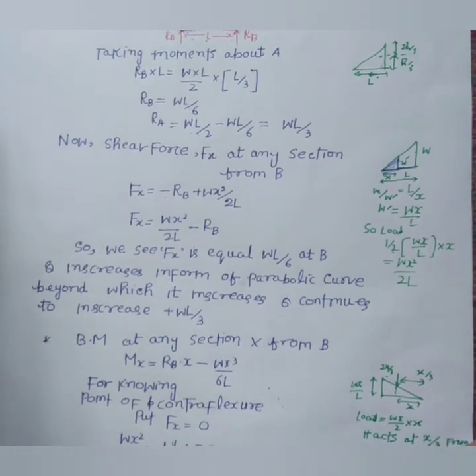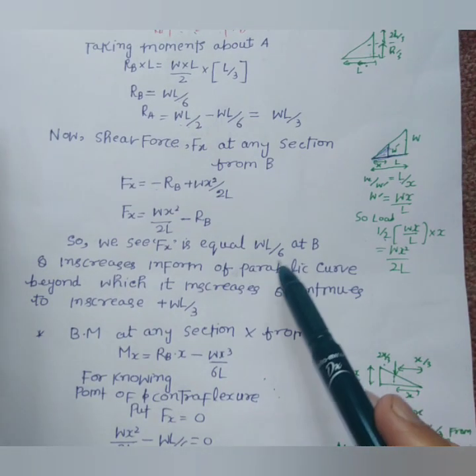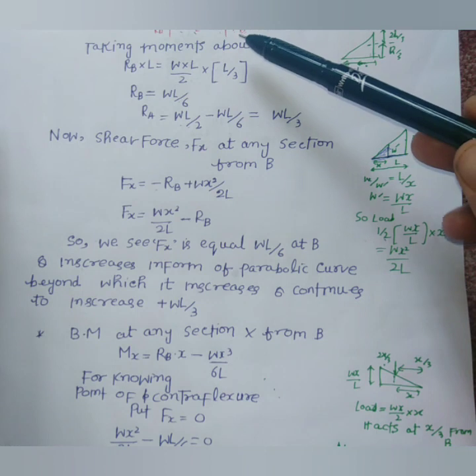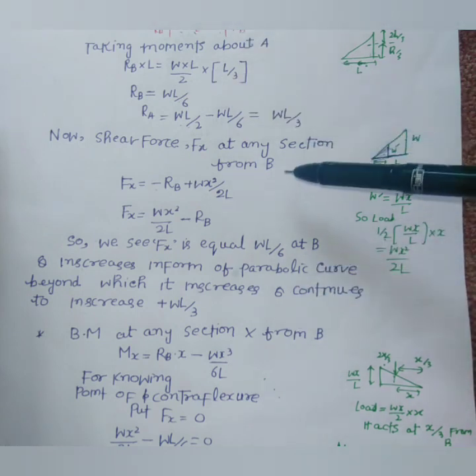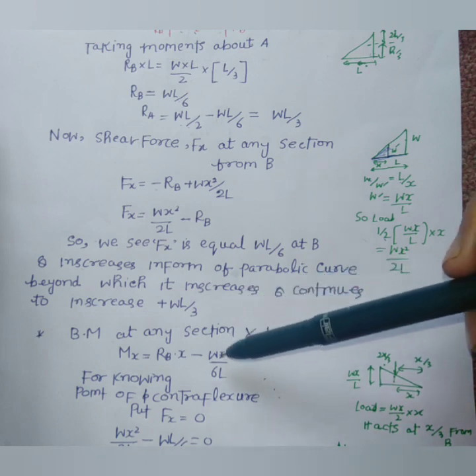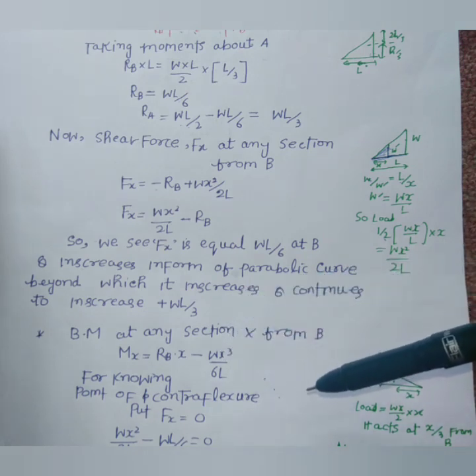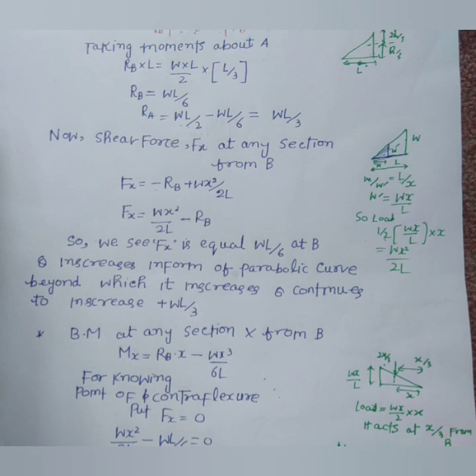So we see Fx is equal to wl by 6 at B, and increasing in the form of a parabolic curve, beyond which it continues to increase to wl by 3. We may already be aware that the shear force diagram in case of UVL is parabolic and the bending moment diagram is always cubic.